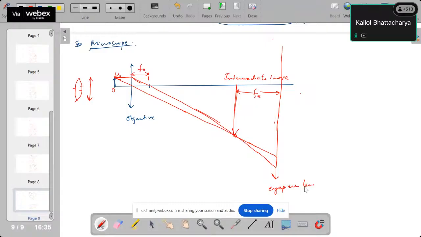Obviously, the rays that come out of this will be parallel. Why parallel? Because they are coming from the focus. If we have a lens and a point at the focus, then we'll get a parallel beam of light.